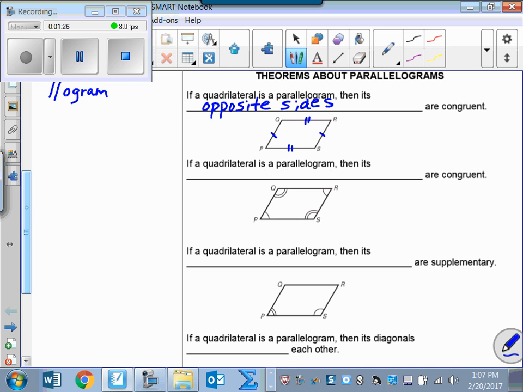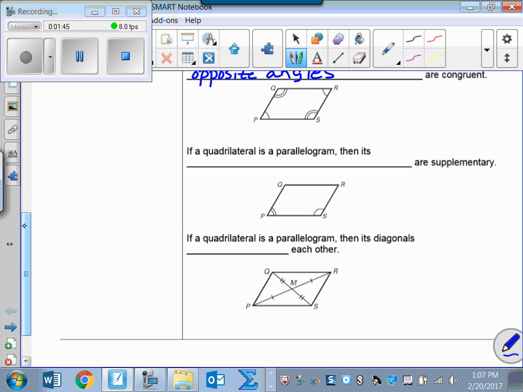All right, theorem number 2. If a quadrilateral is a parallelogram, then its opposite angles are congruent. And you can see that those are marked as congruent in my picture here. Angle Q is congruent to angle S, and angle P is congruent to angle R.